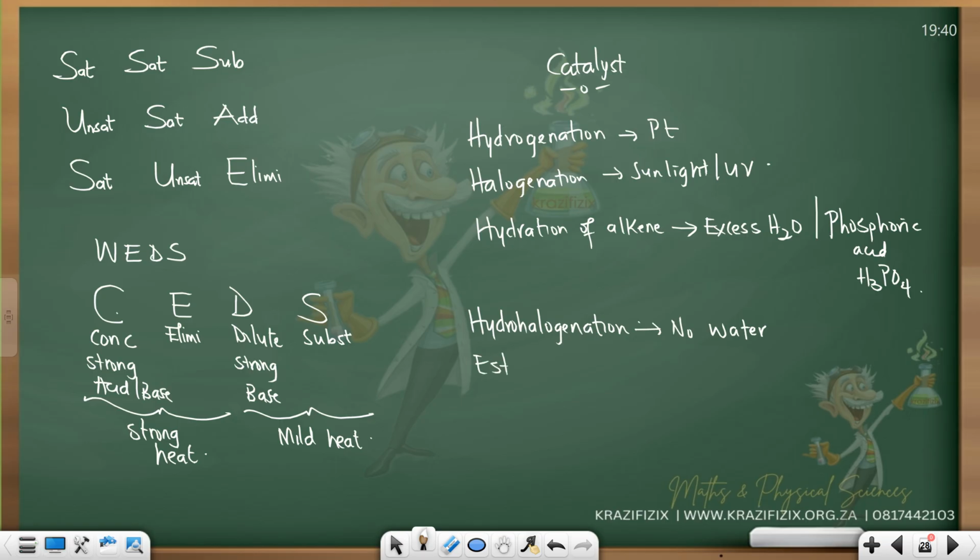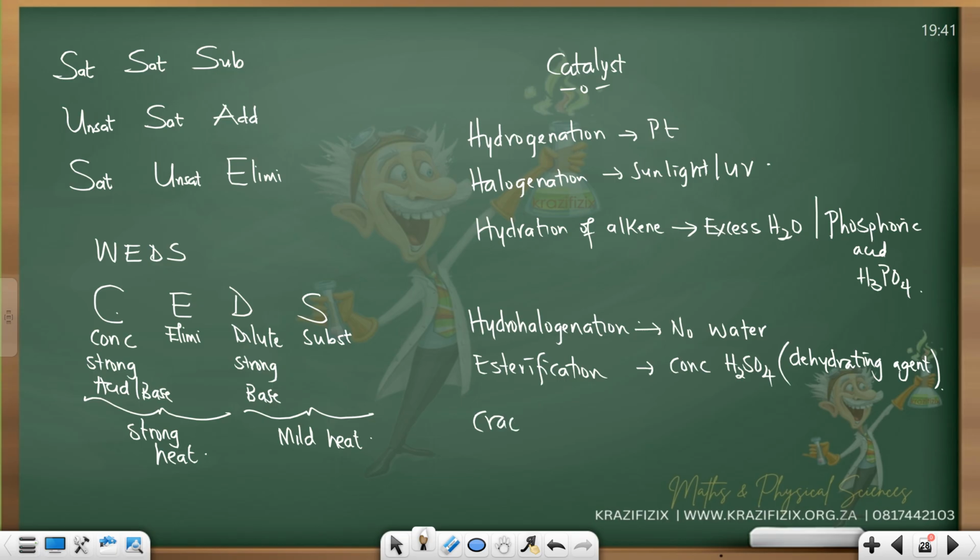And then if we look at esterification, then we use concentrated sulfuric acid. Why? This one is a dehydrating agent. So these are your reactions. Then we talk about combustion reaction and cracking.